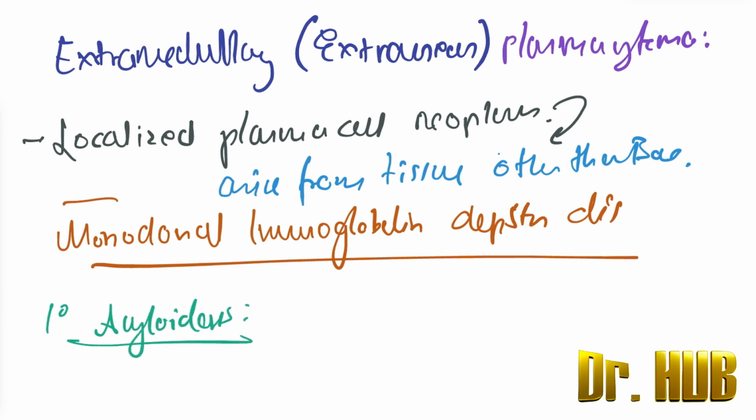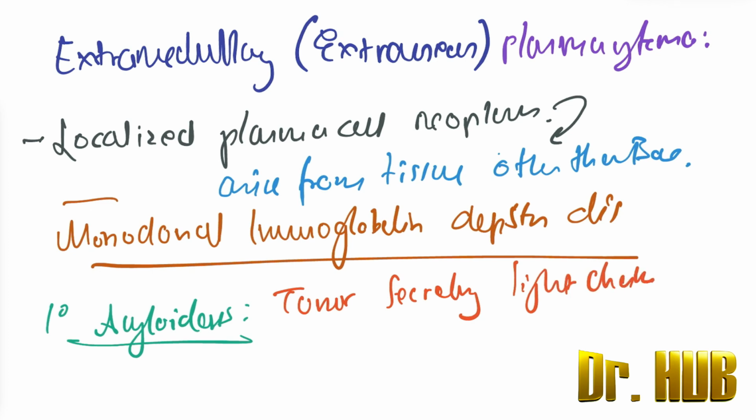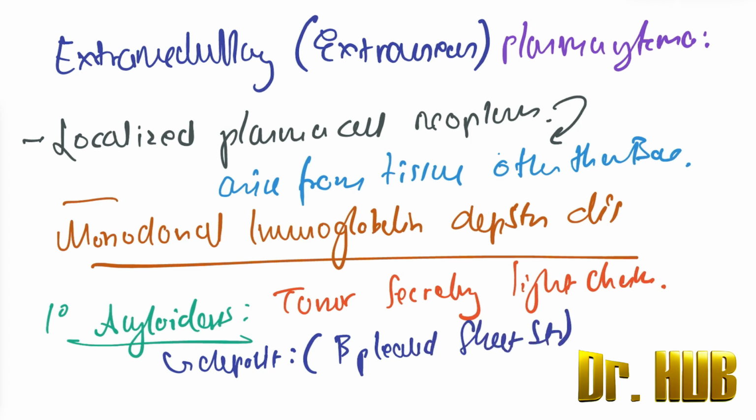In primary amyloidosis there are tumors secreting the light chains, and they are deposited as a beta pleated sheet structure, and there is amyloid light chain.